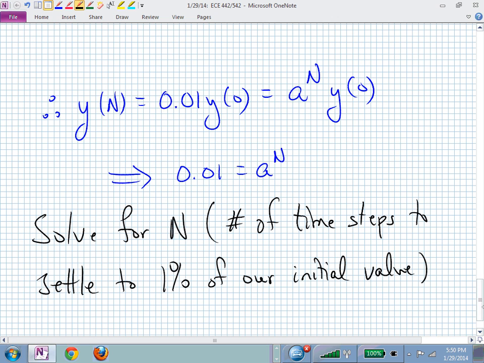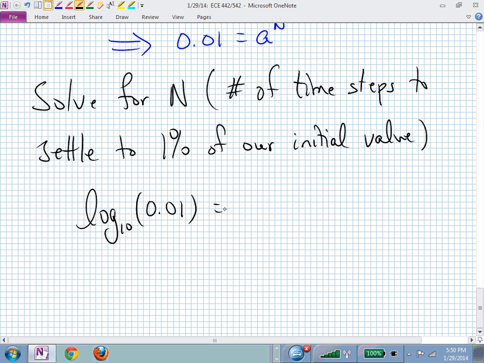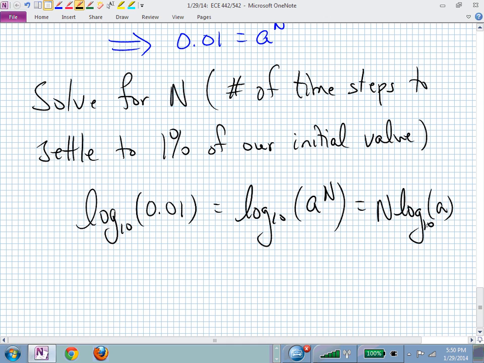We could do this all sorts of ways. If we used base 10 log, that might be easier for 0.01, since that's 10 to the minus 2. We have log base 10 of a to the N, and now we can use properties of logarithms: that exponent can flip out in front of the log, and now we can just compute log base 10 of a, whatever a was.